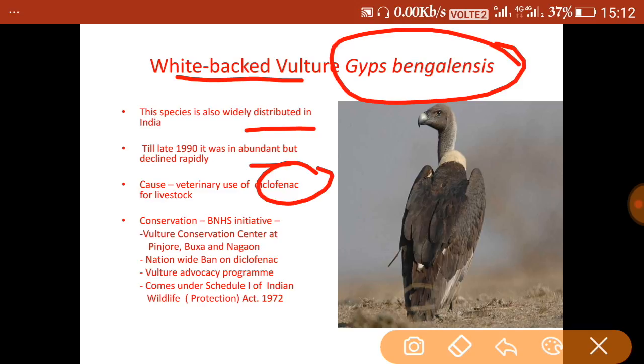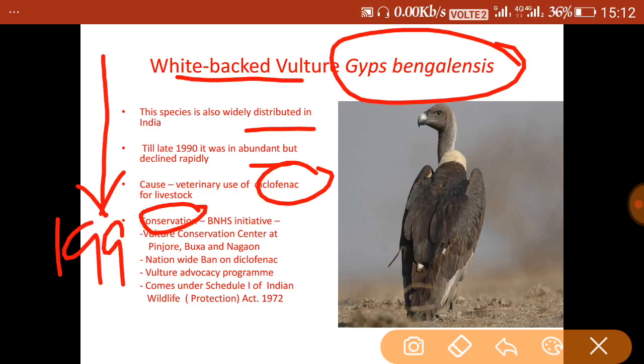There are various initiatives for its conservation like BNHS, Vulture Conservation Center at Pinjore, Buxa, nationwide ban on diclofenac, vulture advocacy programs, and it comes under Schedule 1 of the Indian Wildlife Protection Act 1972. But what is important, its population declined rapidly after 1990.